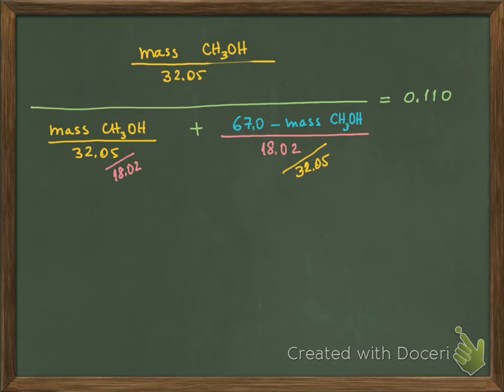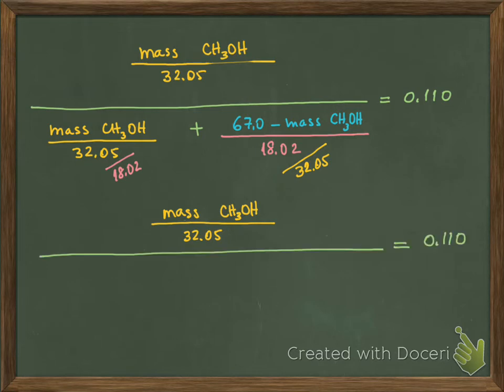So this becomes mass of methanol over 32.05, which we have in the numerator. So I'm repeating it.